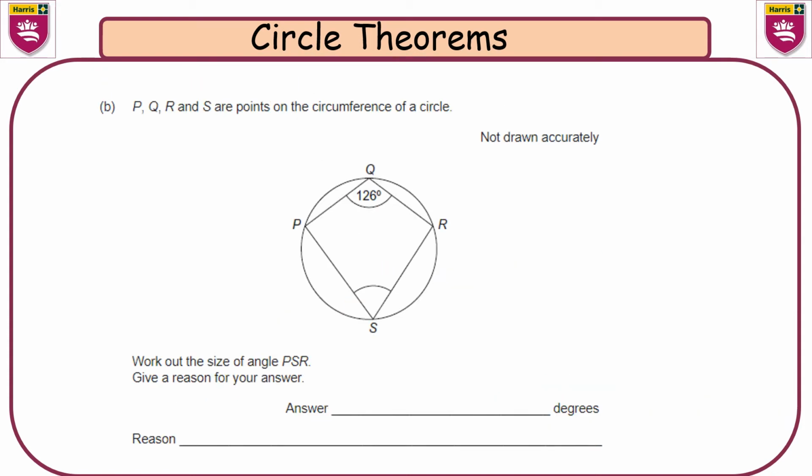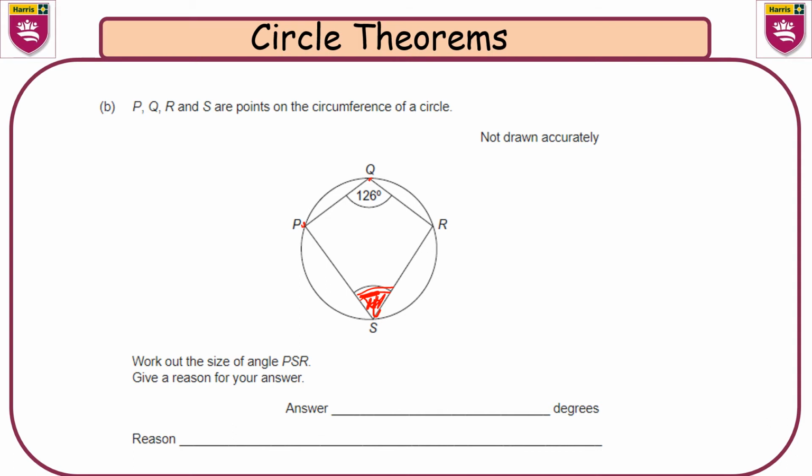This question is part B of the previous question, where you had to do angle at the center is double the angle at the circumference. This one's asking you to find the angle PSR, this one here. Since we have 4 points on the circumference, we're going to use the cyclic quadrilateral rule. The opposite angles in a cyclic quadrilateral always add to give you 180 degrees. So the angle we're trying to figure out and 126 are going to add up to 180 degrees.